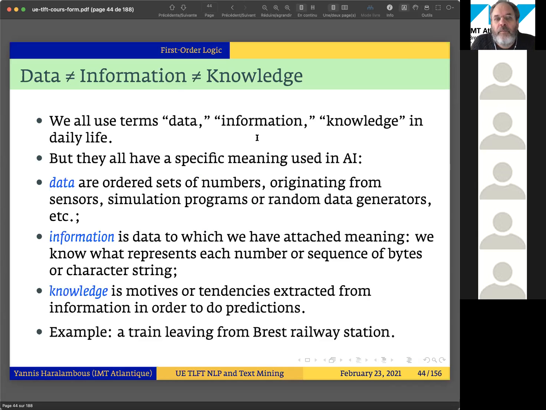So data are sets of numbers, since you are using numeric equipment. And data, we know where it comes from. It comes from sensors or simulation programs or random data generators, but we don't know what it means. Once we know the meaning of our data, it becomes information.